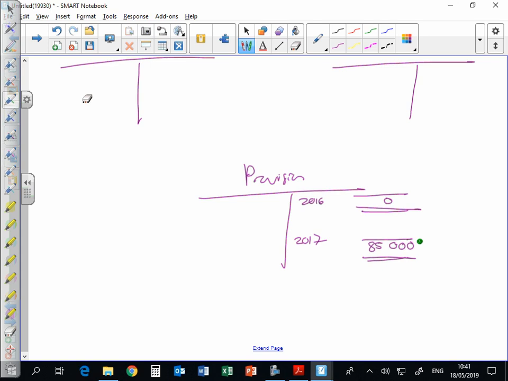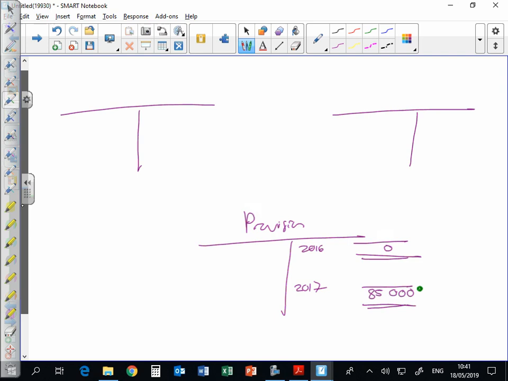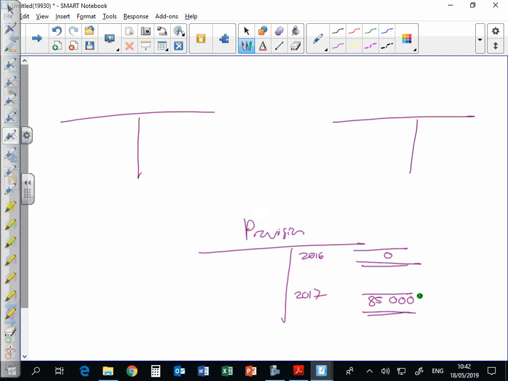So in terms of that, we need to reverse that provision. Let's just work with the 9,700. Let's say this is our bank, and this is our expense. Right. Out of the bank, we paid 9,700, and that reversed our provision. Right. Is everyone happy with that?